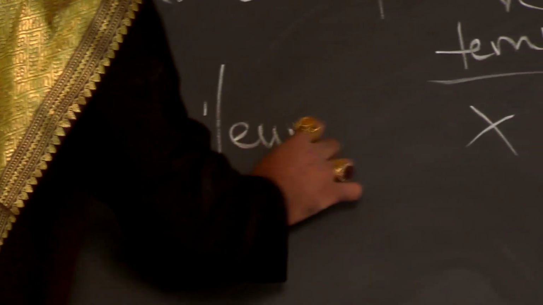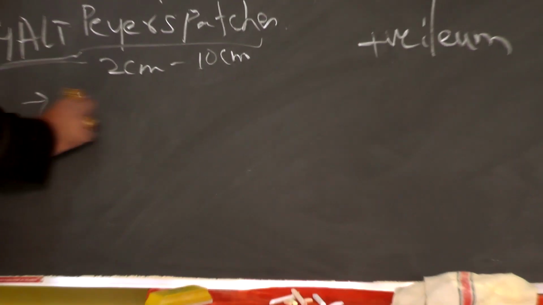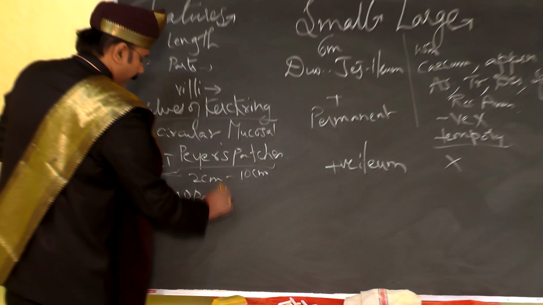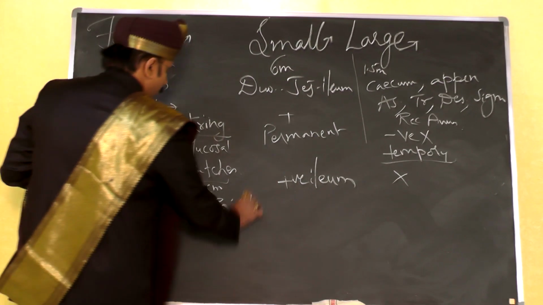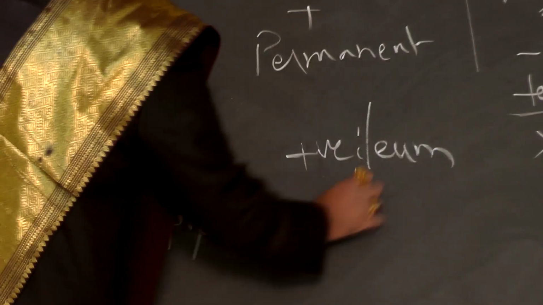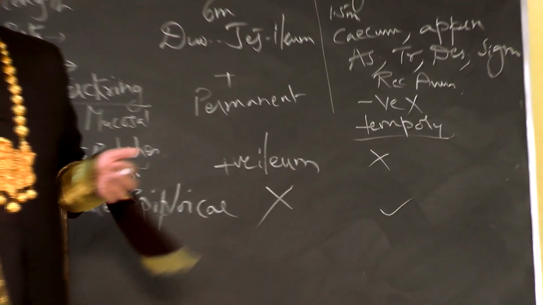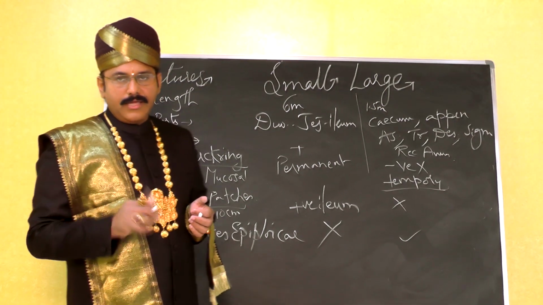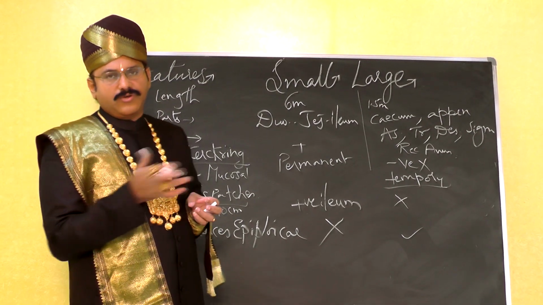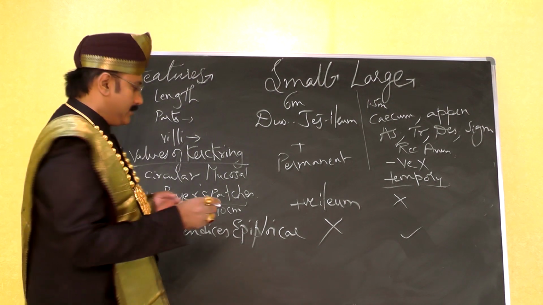Then you have the appendices epiploicae. These are absent in the small intestine, but present in the large intestine. What are they? Peritoneal bags of fat, seen in the transverse mesocolon and sigmoid mesocolon.